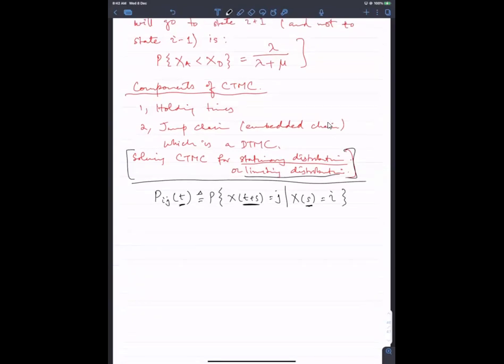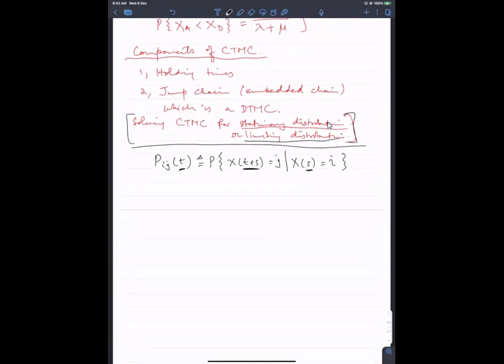Okay, and then you can see that Pijt is dependent upon i and j. ये दोनों पे डिपेंड कर रहा है किस स्टेट से ओरिजिनेट हुए हैं और किस स्टेट के ऊपर आपने टर्मिनेट होना है. ठीक है, बट आई एम इंटरेस्टेड इन phi j, the limiting distribution, उसका jth component, which is limit t going to infinity Pijt.